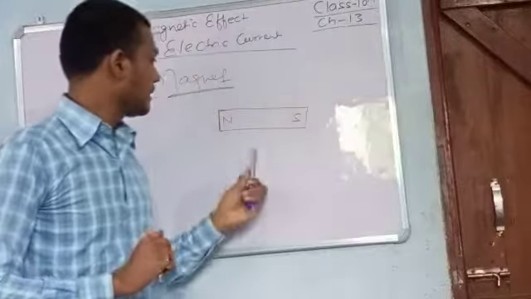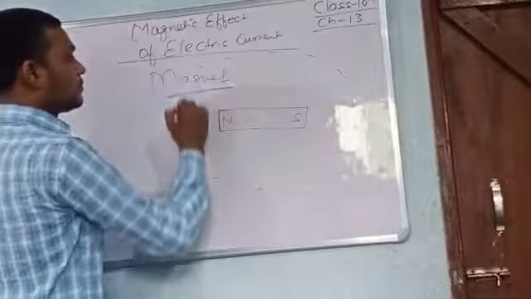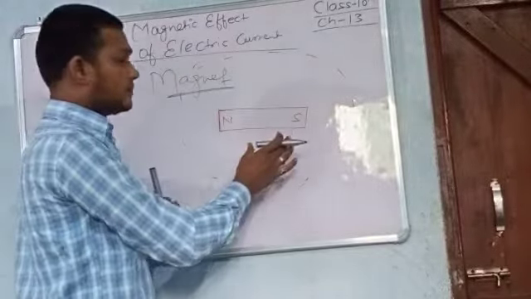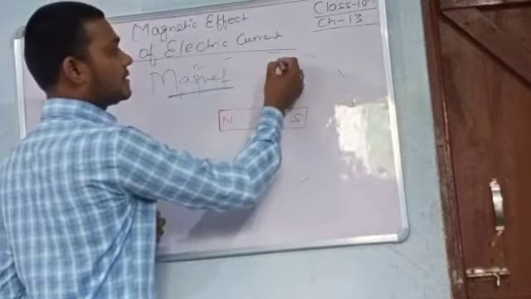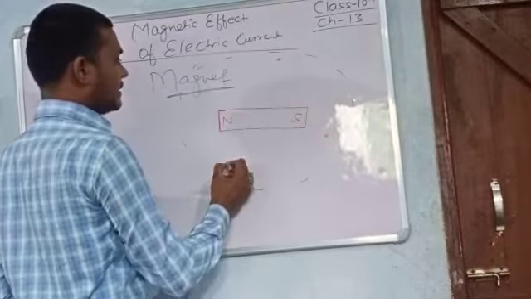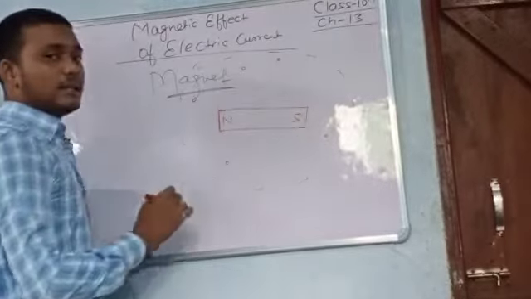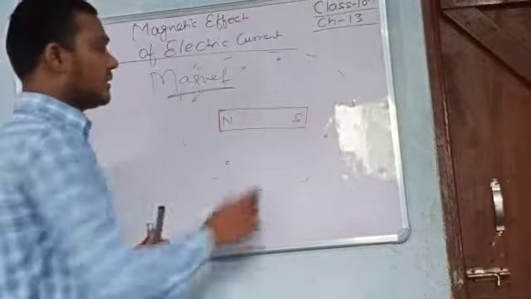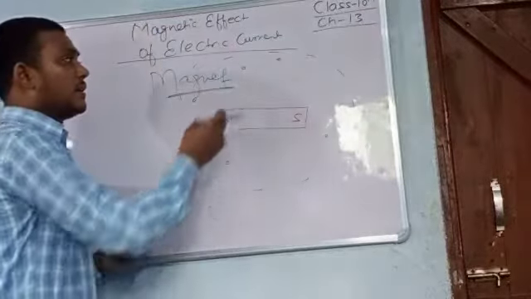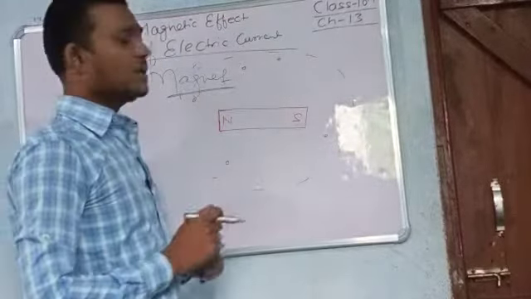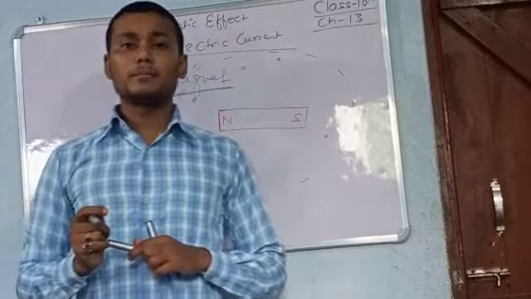Similarly, a magnet has a field where the property of the magnet is applied. If any object is in this field, the magnet shows its property on that object, either attracting or repelling. So a magnetic field is produced by a magnet.